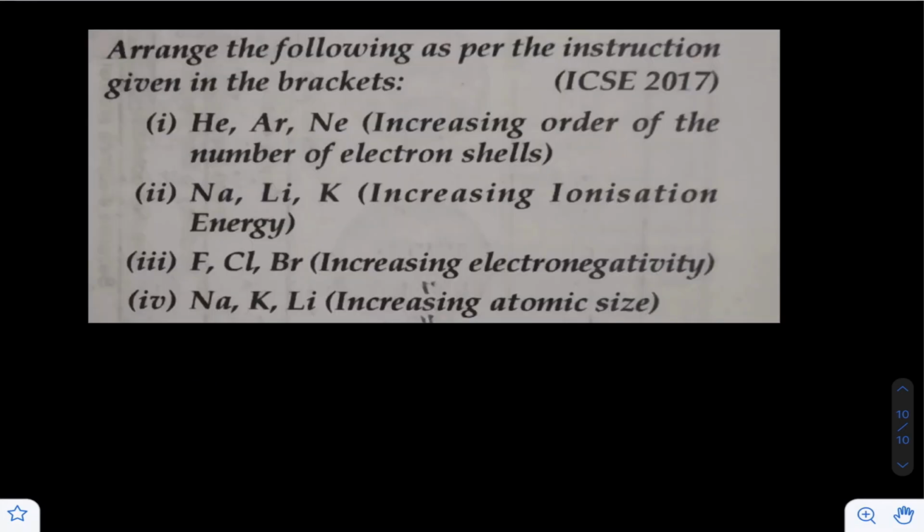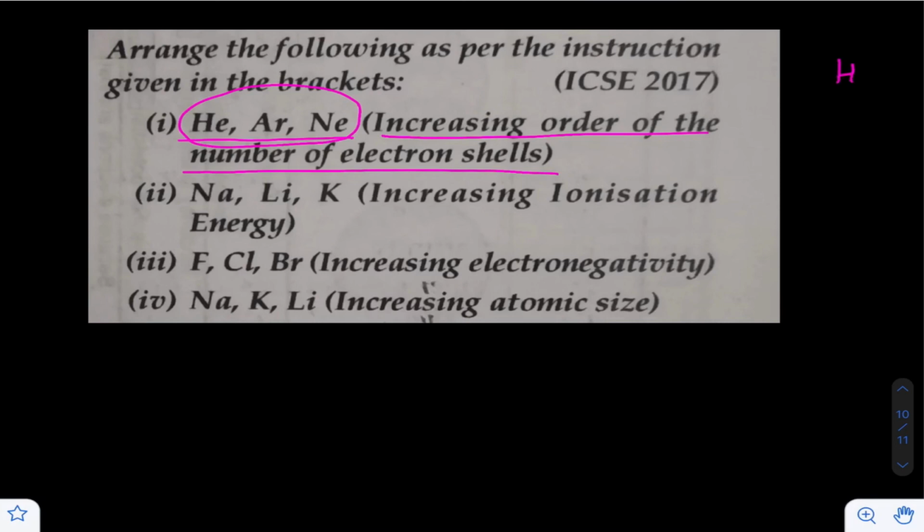Now let us see what kind of question comes in the board exam. Helium, argon, neon: increasing order of number of shells. To solve such a question, you have to identify whether the given elements belong to the same group or the same period.